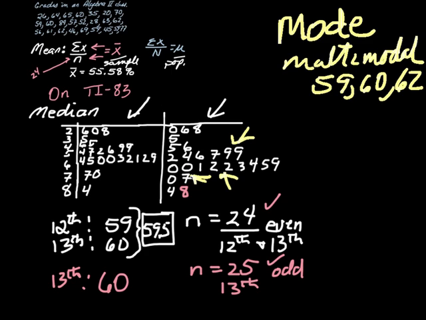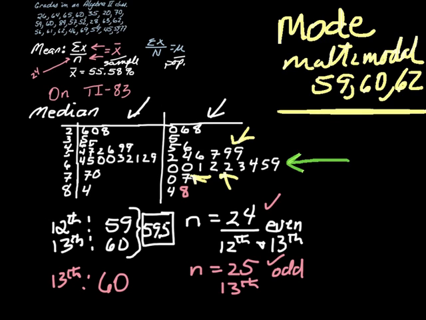Now, another way to look at this is, if you remember, a histogram records frequencies. So I would look at this particular row on the stem and leaf, because it has the most values.